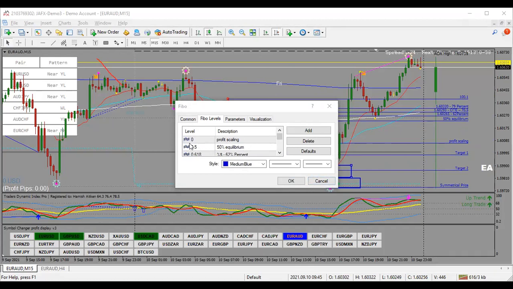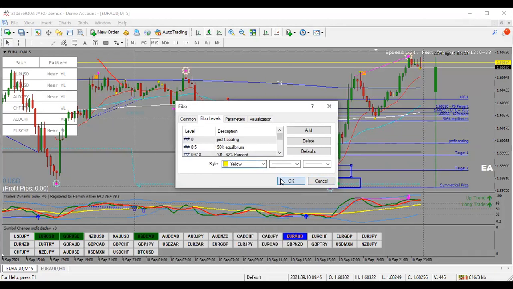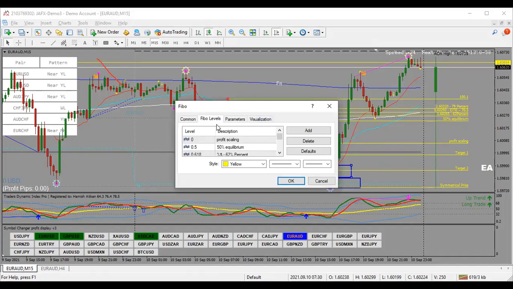Yeah, look at it. Let me change it to yellow so you can see very well. Okay, now let me go back again. So you right click on the fib, right? Then you go to the levels. 0, 0.5, which is the 50 equilibrium. Then you delete 32 and 28. We are not interested in those levels.